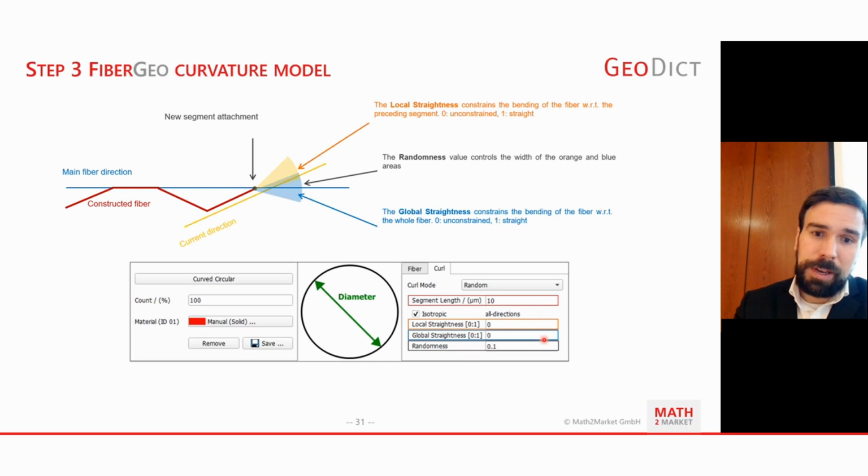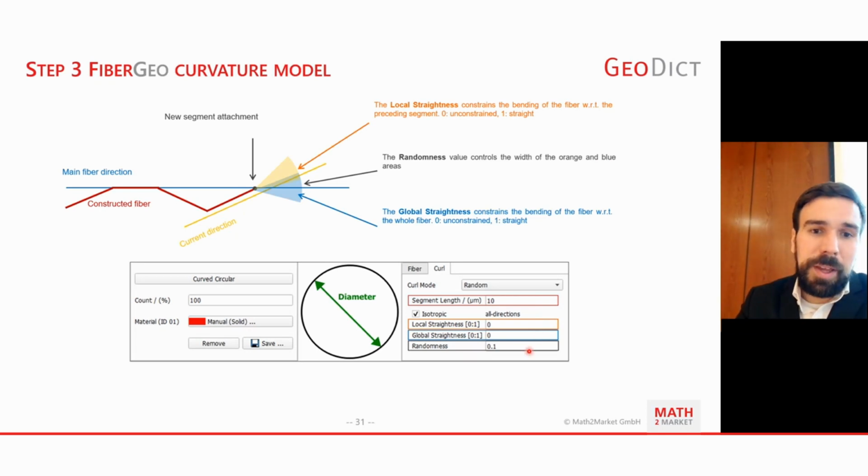Then we have the global straightness. That is basically: does the fiber curvature care for some global orientation or does it not? So if that is 1, it will always be pulled back towards the global orientation, which basically means if you have 0 up here and 1 down here, then you will end up with something like a sine curve.